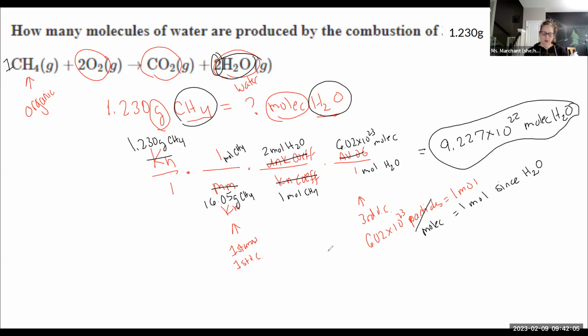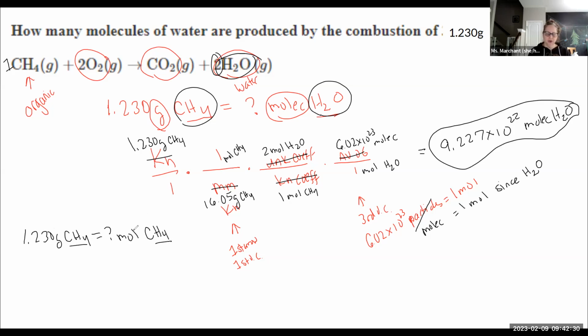So again, make sure you're doing your known equals question mark unknown very slowly and carefully. There is one problem on there that might not be a stoich. So set up your known equals question mark unknown carefully. If they just wanted 1.230 grams of methane, and how many moles is that? Then that is going to moles of methane, no stoich.